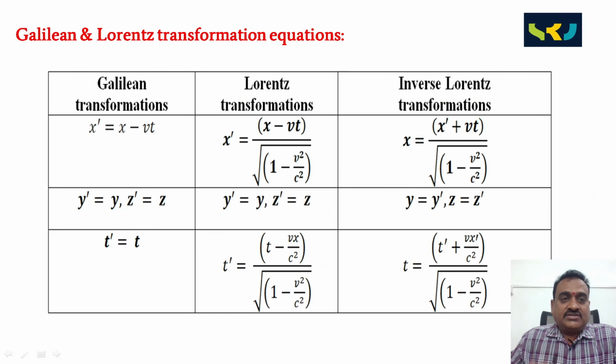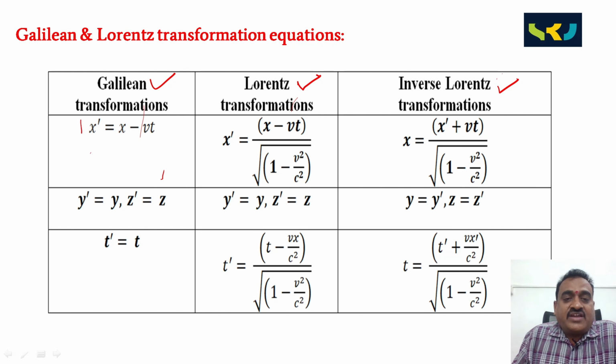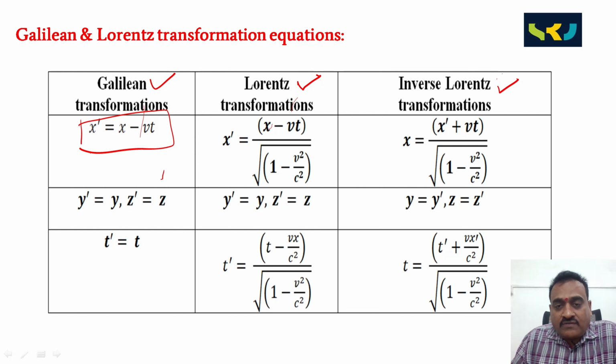So you can see here Galilean and Lorentz inverse transformation equations we can observe in one table. These are the Galilean transformation equations, Lorentz transformation equations, and inverse Lorentz transformation equations. Here x dash is equal to x minus Vt. Here x dash is equal to x minus Vt by root of 1 minus V square by C square, already discussed.